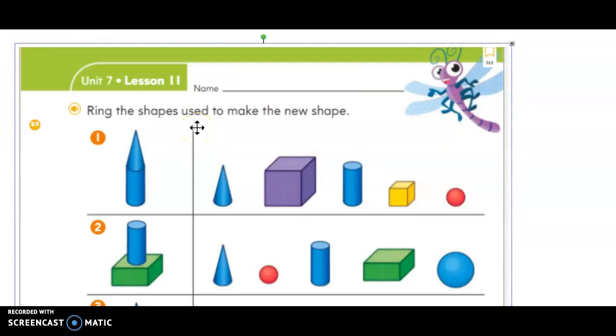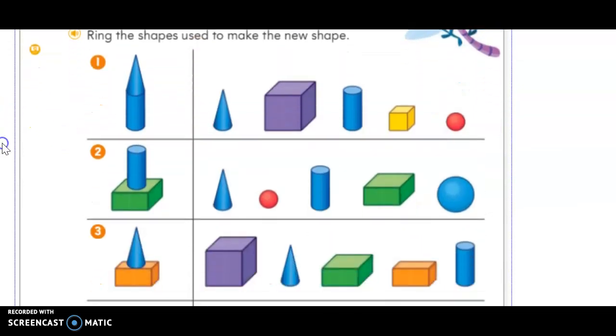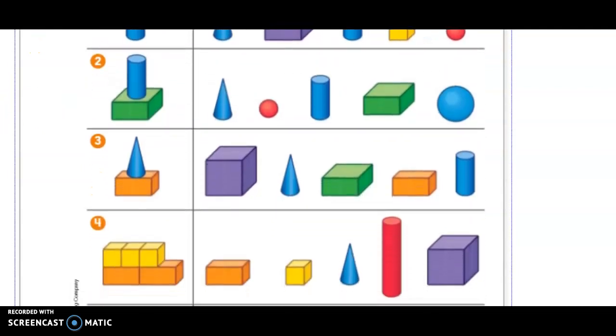And then we would go to our workbook page, which is 315. So now we are to ring the shapes used to make the new shape. Over here we have to look and see which of these shapes were used in number 1 to create this new shape, and then you would circle it. Okay, check out number 2.